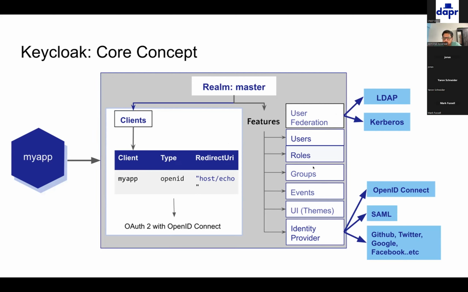There are other features like groups to maintain users in a topology, and roles. You can see events like when a user logs in or when the admin logs in. There are a lot of events you can see, and you can also do UI customizations. So we'll see one by one the OAuth middlewares supported by Dapr and how you can do the configuration in Keycloak.